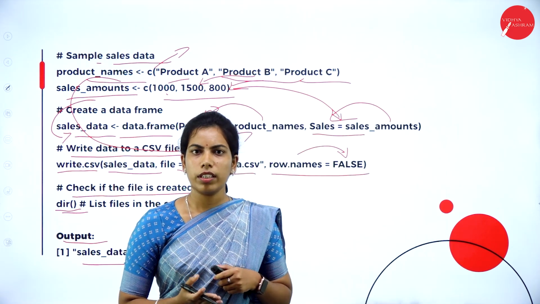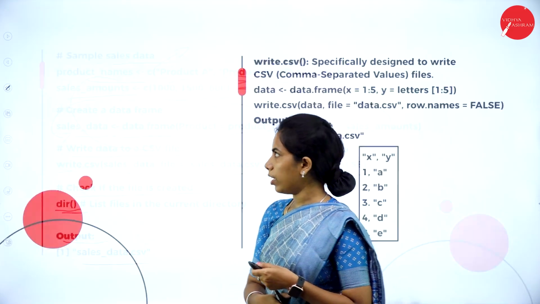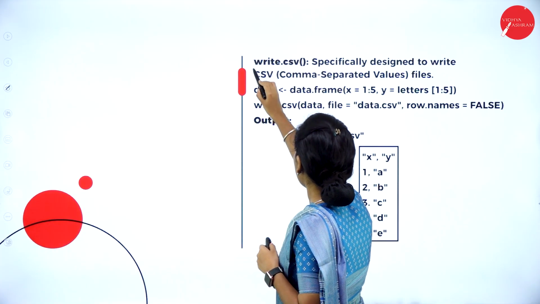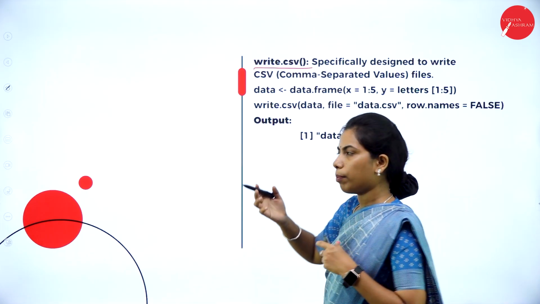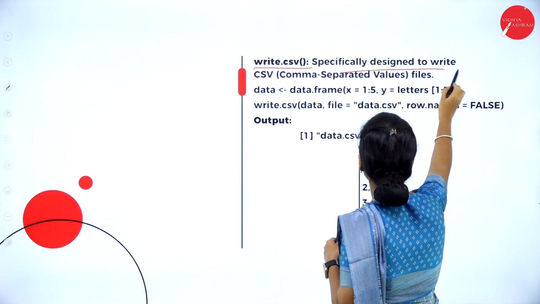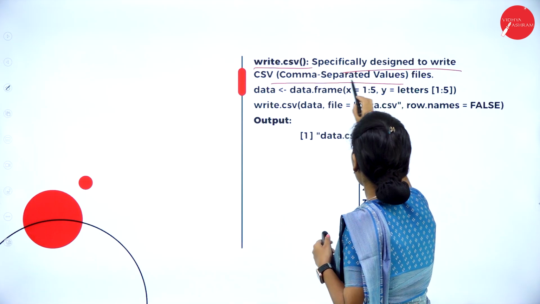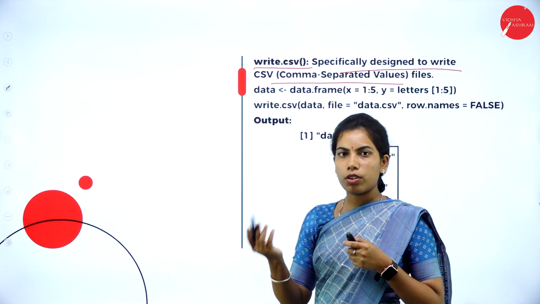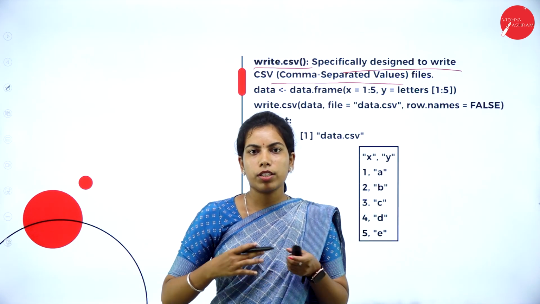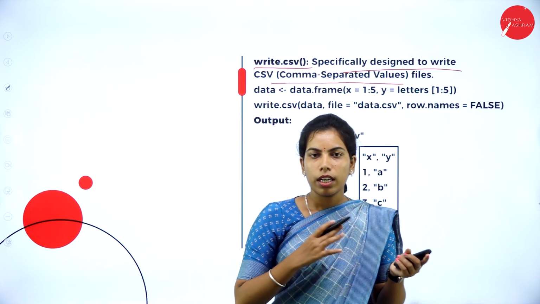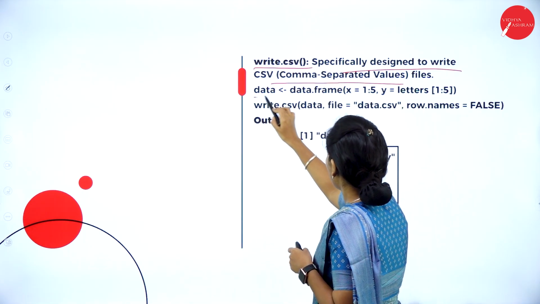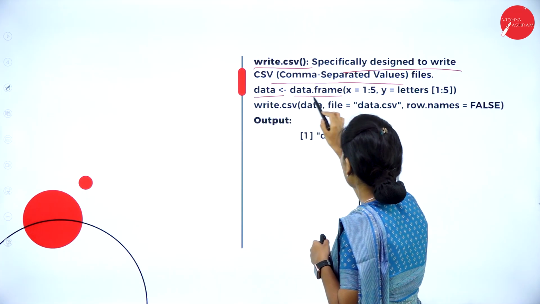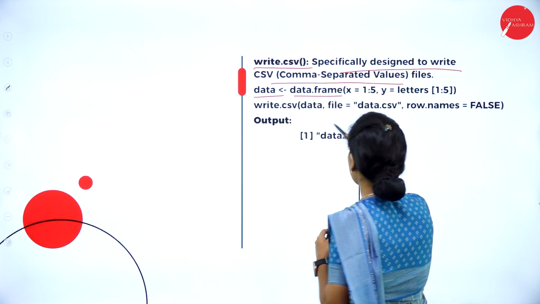Let's see another example for writing files. Here you can see write.csv. Again we have to call write.csv, because this is one more example demonstration specifically designed to write a CSV, meaning comma separated values. As I already told in the previous slides, CSV means comma separated values, which is used in Excel software. So here you can see we call the data variable, and for that I use data.frame as the data structure.